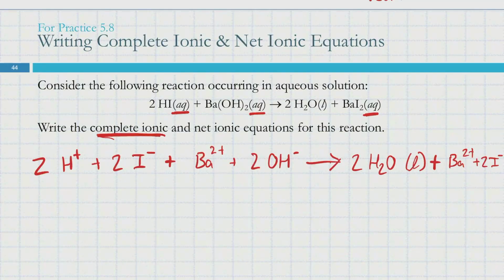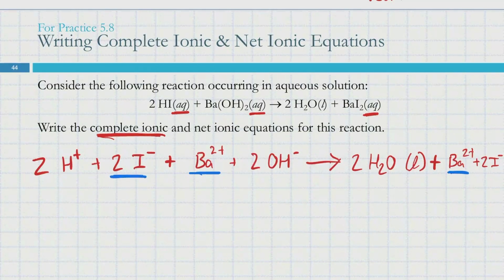Now let's identify some spectators. What's something that doesn't change from the reactant side, the left side, to the right side, the product side? The barium, right? We've got Ba2 plus on the left side. We've also got it on the right side. What's our other spectator ion?